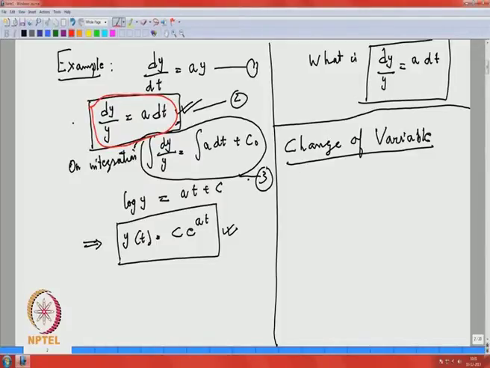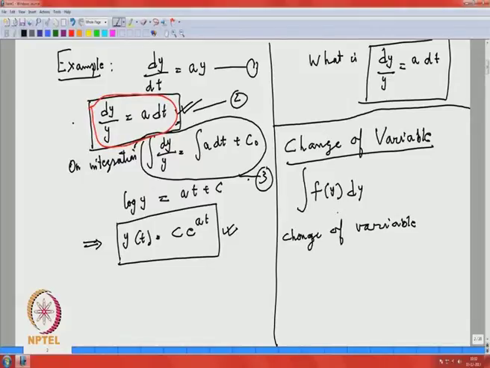Suppose you want to integrate f of y dy, and you are making a change of variable. When you make a change of variable, here y you view as the independent variable as far as this integral is concerned.